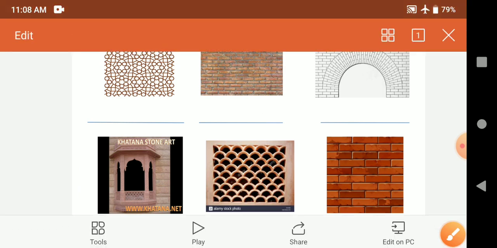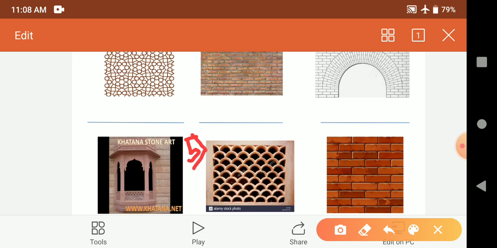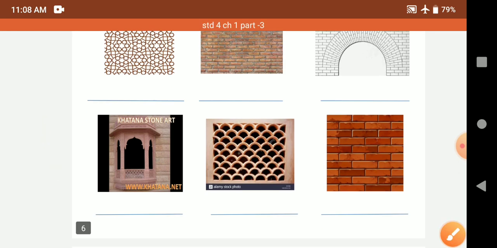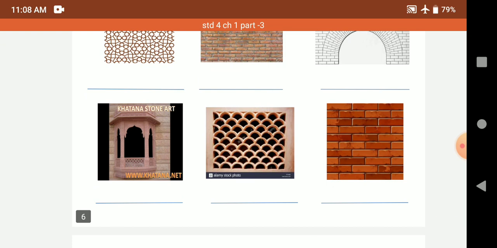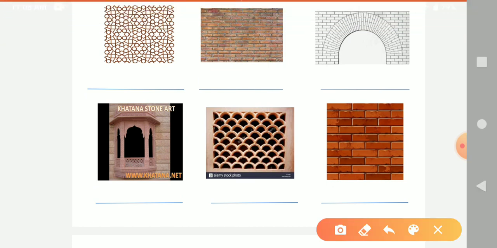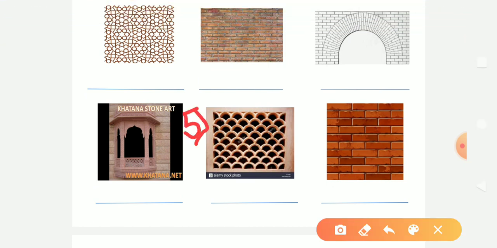My next pattern is fifth number. Which pattern is this? Fifth number. Yes, it is created on the wall.